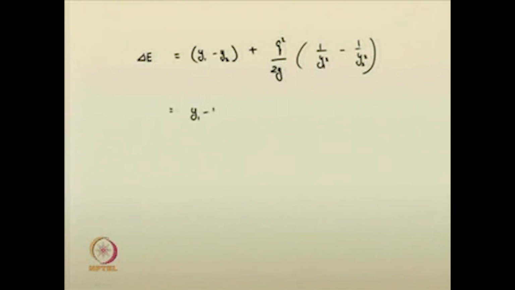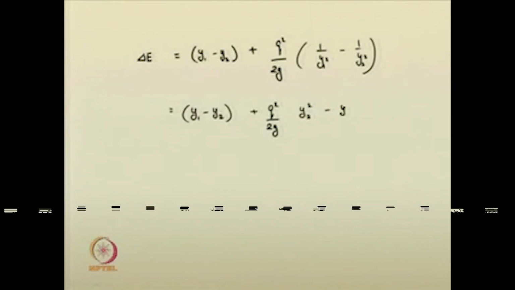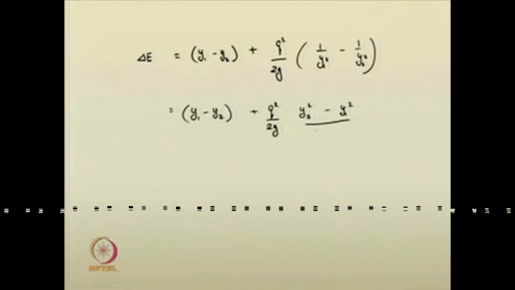Again, y1 minus y2 plus q squared by 2g into y2 squared minus y1 squared by y1 squared y2 squared. Like this I can write it.